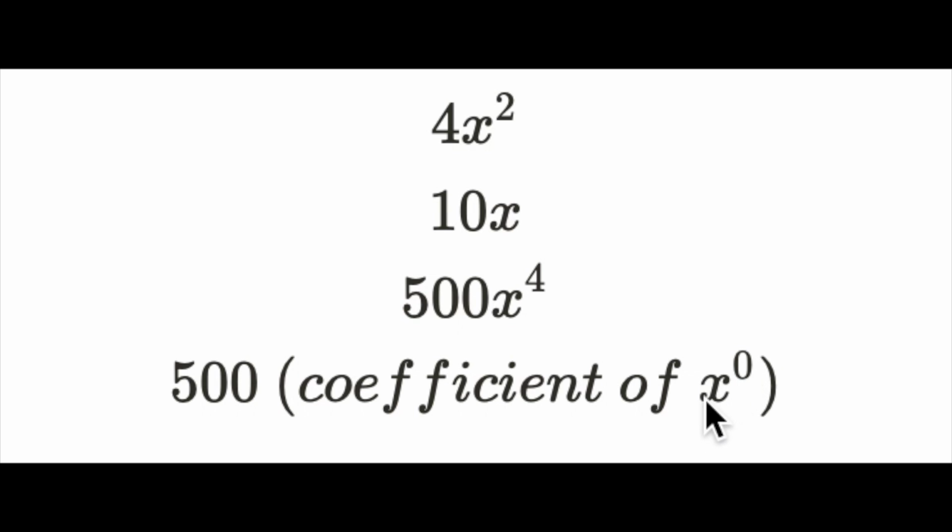Now x to the power of 0 is invisible here. It's basically lurking around in the shadows. You don't see it, because what is x to the power of 0? x to the power of 0 is just 1, and so you don't write it. You just see a constant, 500, for example. But just so you know, this is also a coefficient, even if it's a constant.